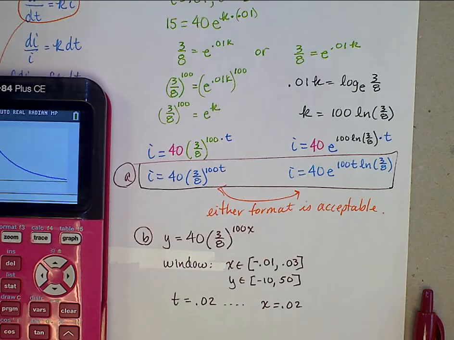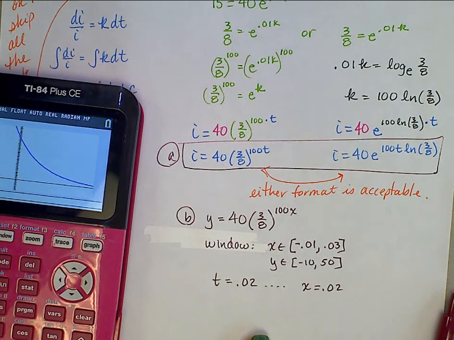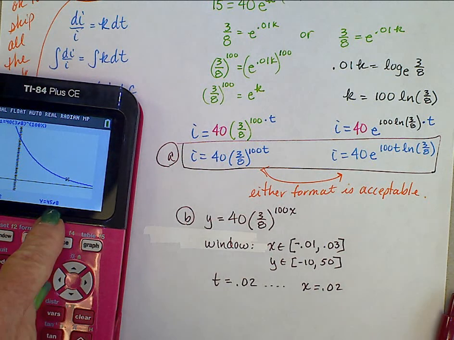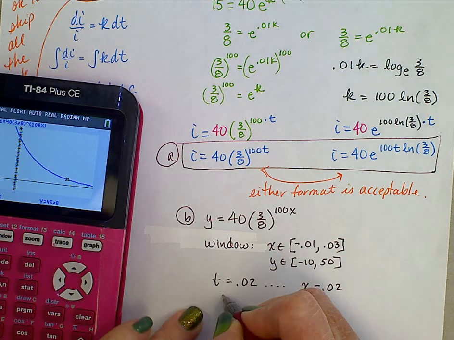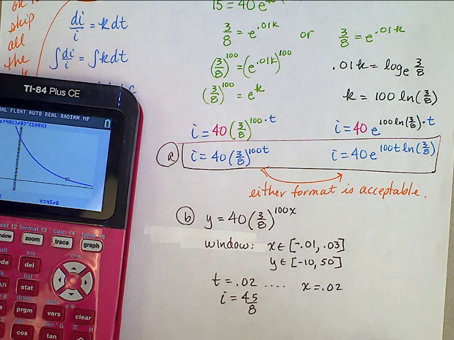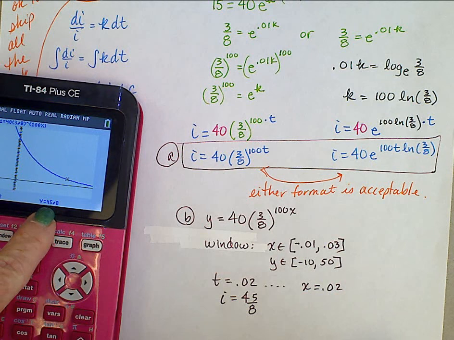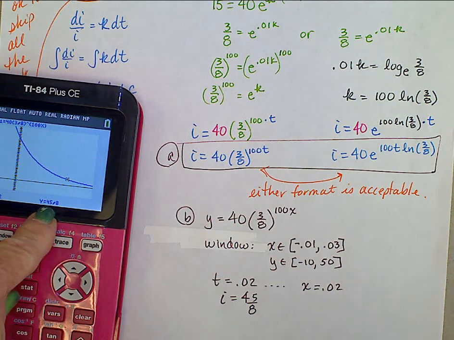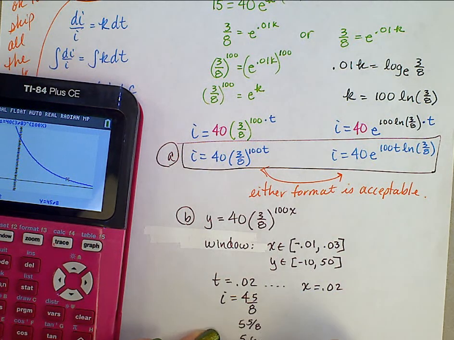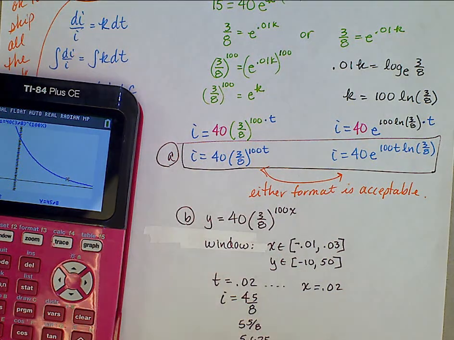I forgot to check. 0.02, and we get 45 over 8, which is I equals 45 over 8, which is, let's see, 8 goes into 45, 5 times, 5 and 5/8, which is 5.625 as a decimal. There's the amperage. There's part B.